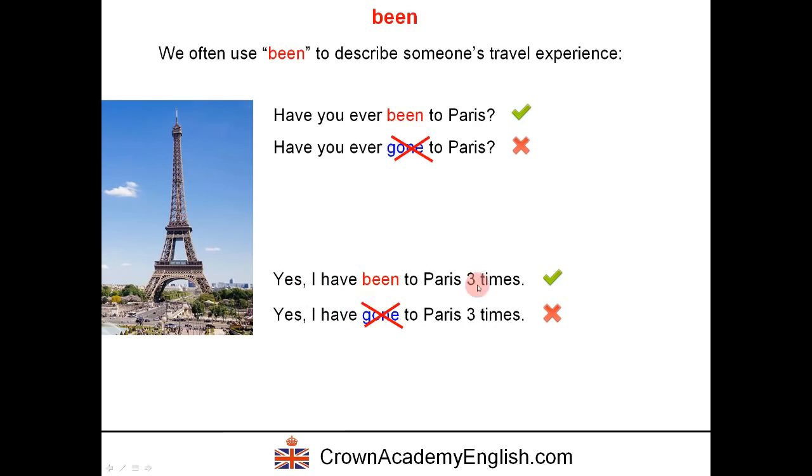This one is talking about completed visits in the past. I'm not in Paris now, but yes, I have been to Paris 3 times. I have already visited Paris 3 times. Okay? So this is a big mistake. We always use been for this use, not gone.